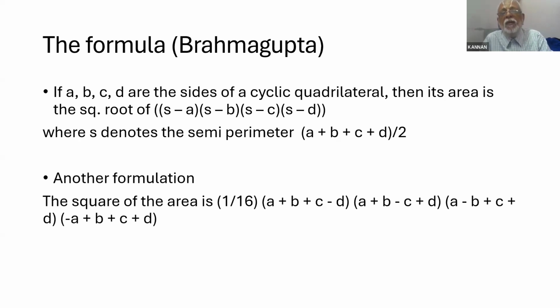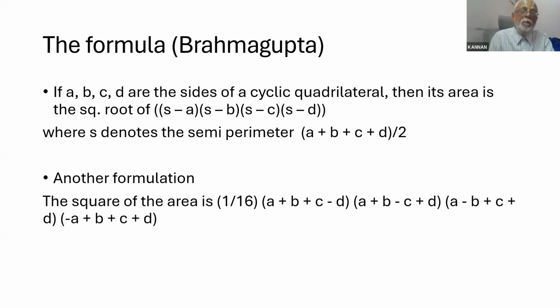If A, B, C, D are the sides of such a cyclic quadrilateral, then the formula for the area of that quadrilateral is given as the square root of (S minus A) into (S minus B) into (S minus C) into (S minus D), where S stands for semi-perimeter, (A plus B plus C plus D) divided by 2. A plus B plus C plus D is called the perimeter, half of it is called the semi-perimeter.